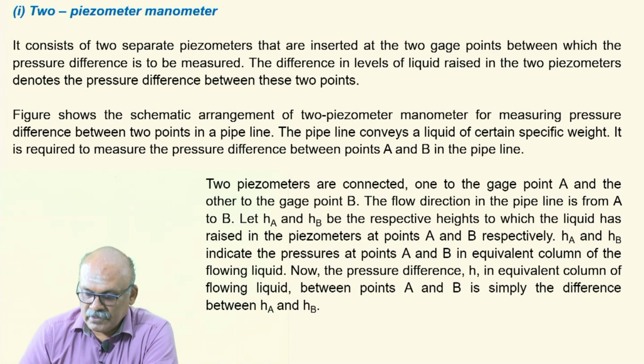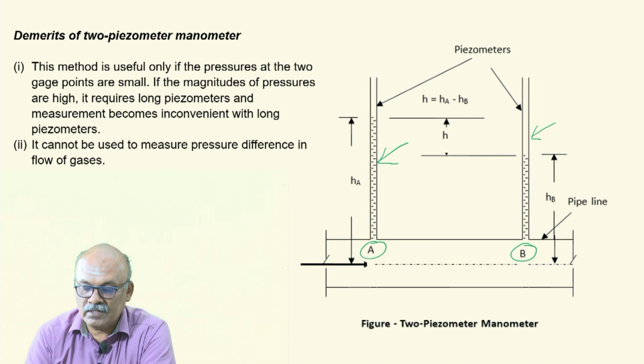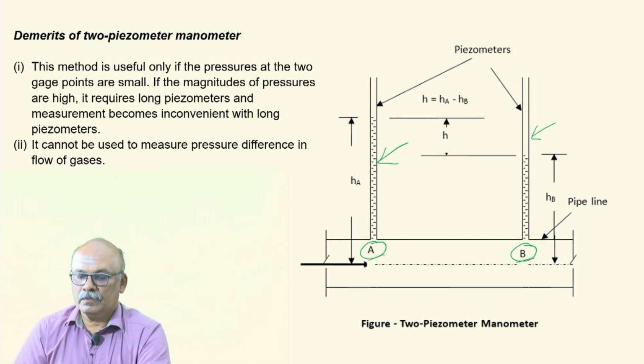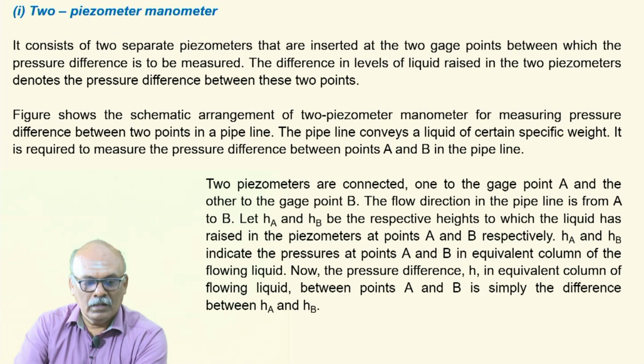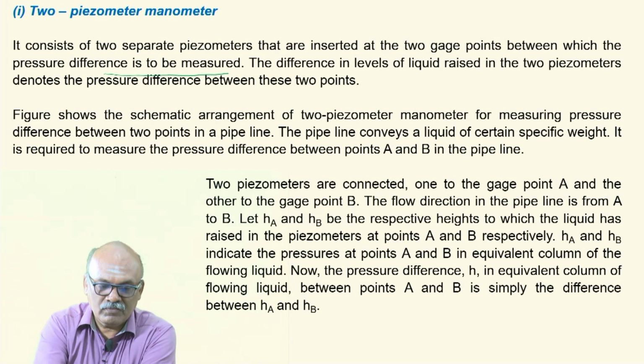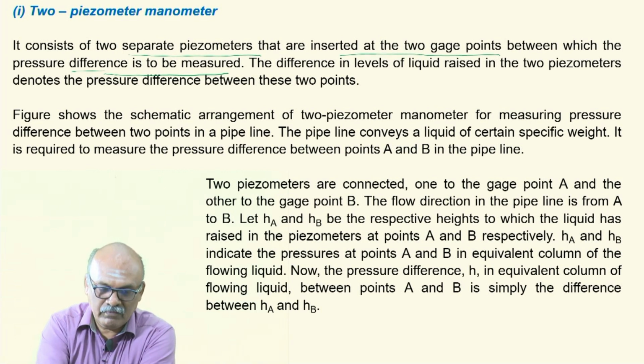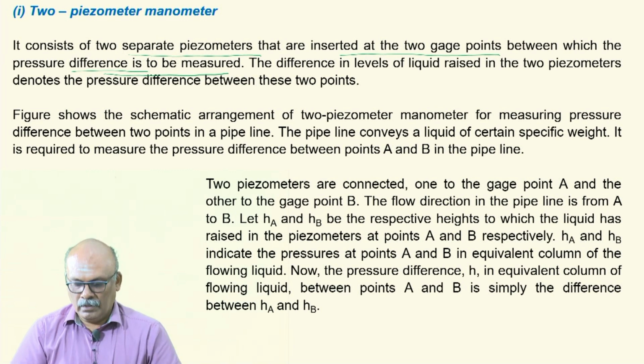They are inserted at the 2 gauge points. A is one gauge point, B is another gauge point. I want to measure the difference in pressure between the 2 gauge points A and B. So it consists of 2 separate piezometers inserted at the 2 gauge points between which the pressure difference is to be measured.